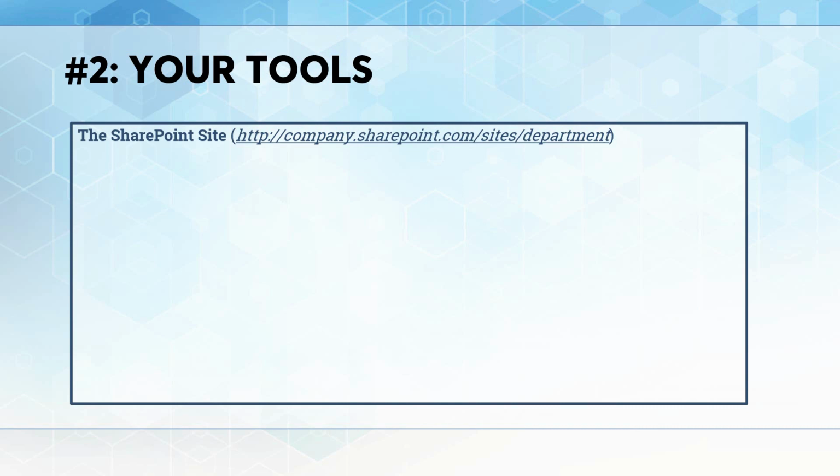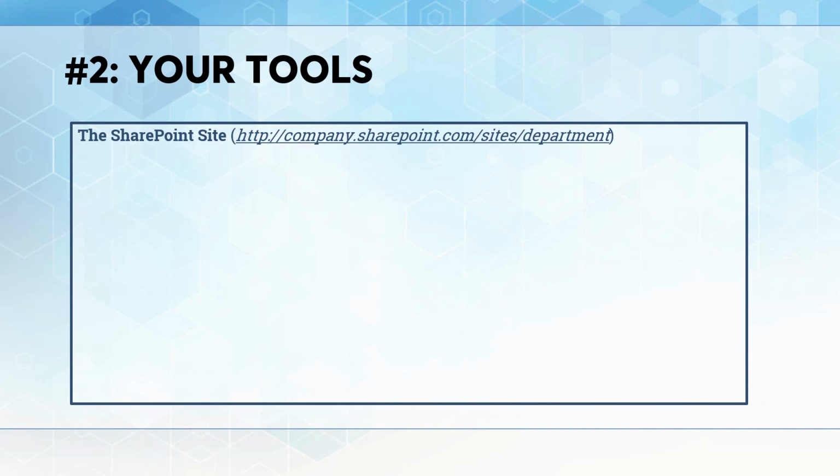First of all, probably somebody on the IT staff, somebody on the SharePoint team at your company is going to make your SharePoint site for you. And it's going to be for a department or an office or a team within your company that all need to work on something together.